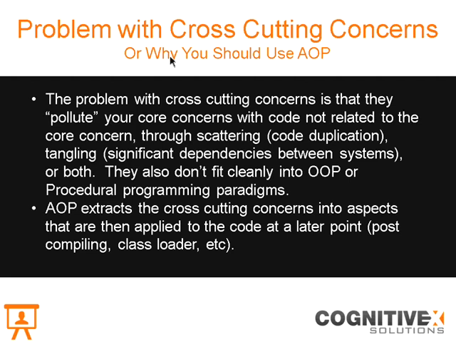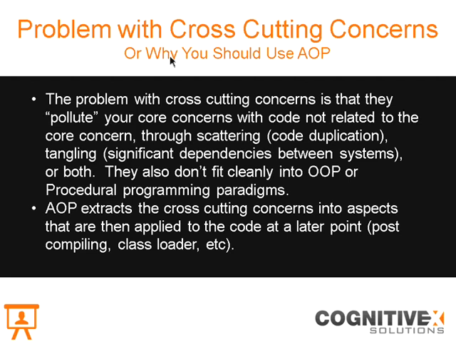And then when you start dealing with, especially, transaction management, you begin to see what's called tangling, where different parts of the system and different concerns become meshed together, and it's hard to pull them out. These cross-cutting concerns also don't fit cleanly into object-oriented or procedural programming paradigms.